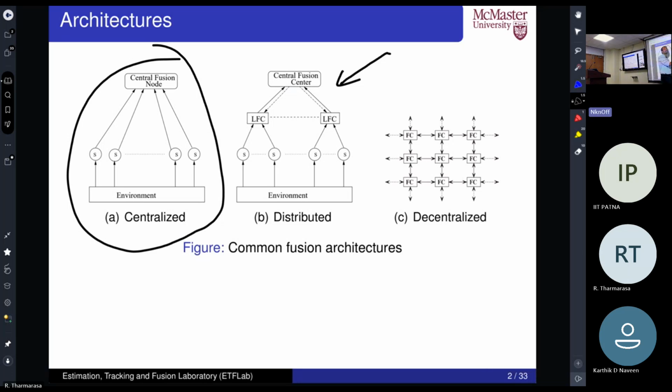I would say that track-to-track fusion is much harder than measurement-to-measurement fusion. But you can't avoid that. If you are working in industry, sometimes you have to handle that.